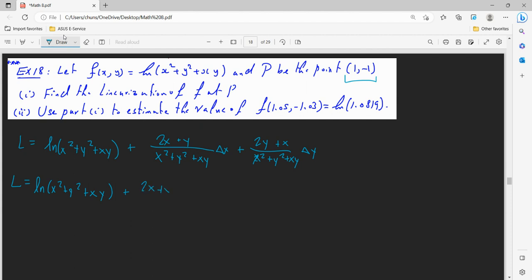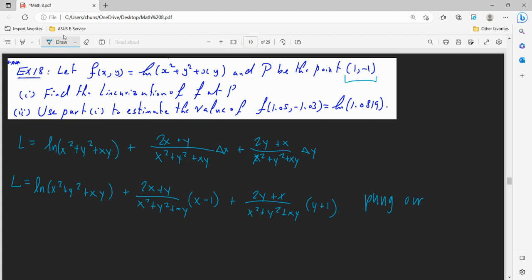This is 2x plus y over x squared plus y squared plus xy, and our delta x, which is equal to x minus our given point here, and this is plus 2y plus x over x squared plus y squared plus xy, and our delta y, which is y minus -1, which is y plus 1.